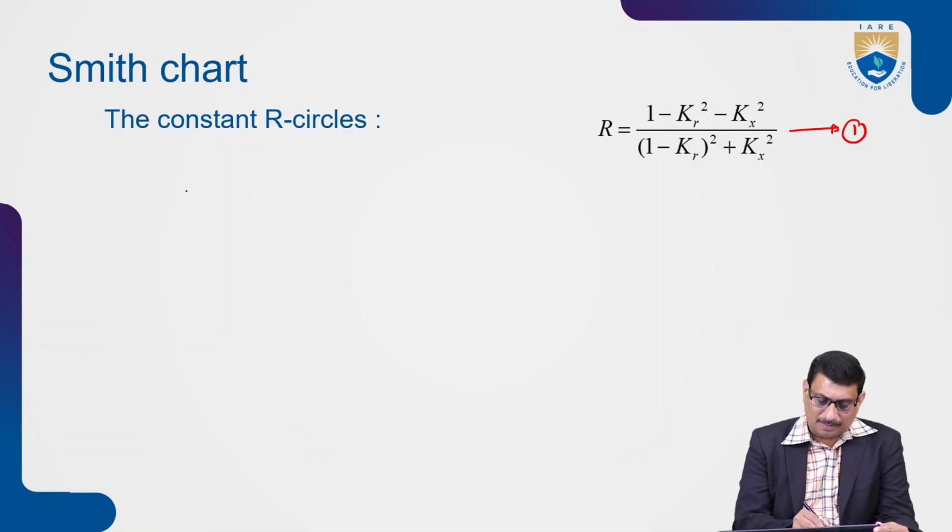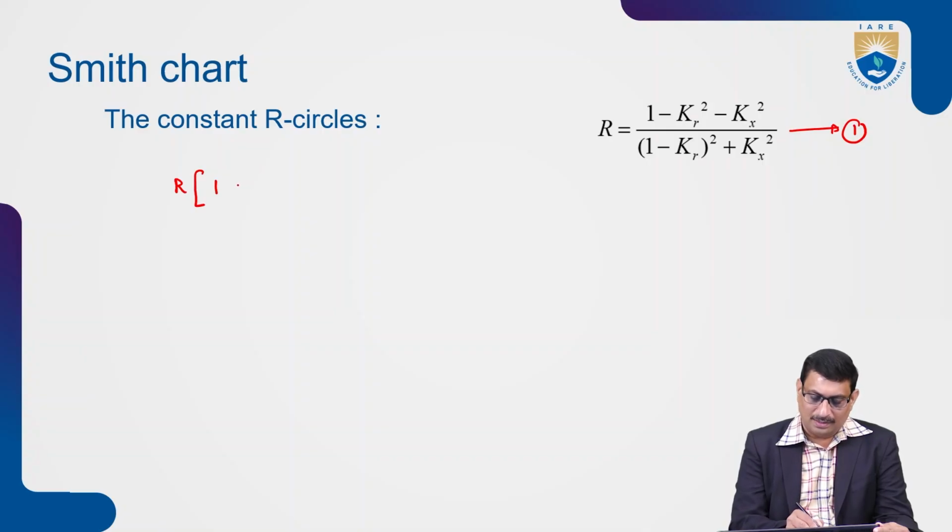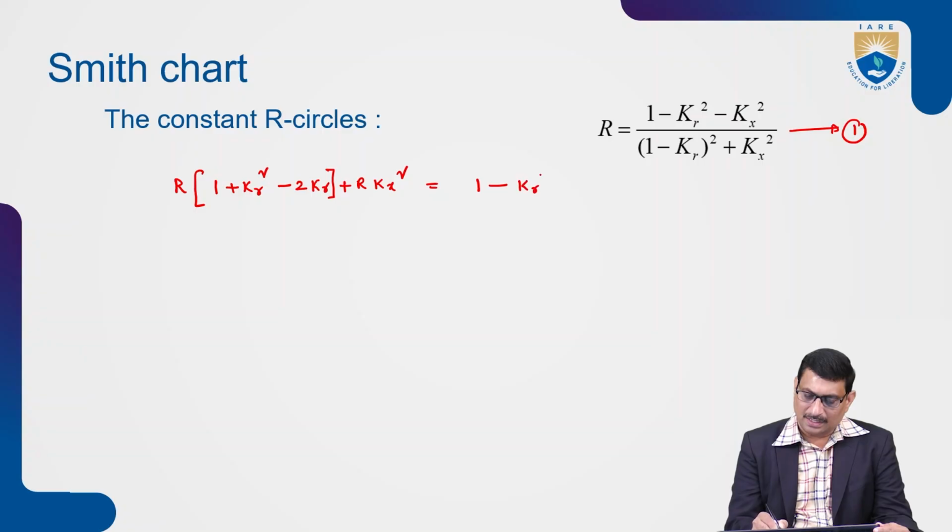Now I will cross multiply this, then r into 1 minus kr square. I will simplify this equation: 1 plus kr square minus 2kr plus kx square means r into kx square equal to 1 minus kr square minus kx square.